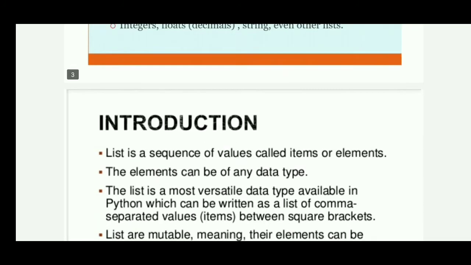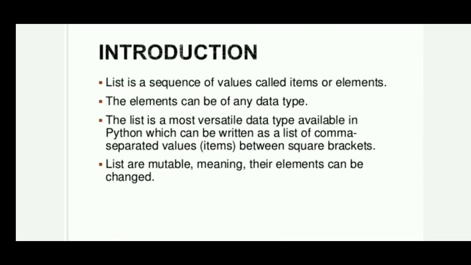So let us see this introduction. A list is a sequence of values called items or elements. The elements can be of any data type. The list is the most versatile data type available in Python, which can be written as a list of comma separated values, or items, between square brackets.